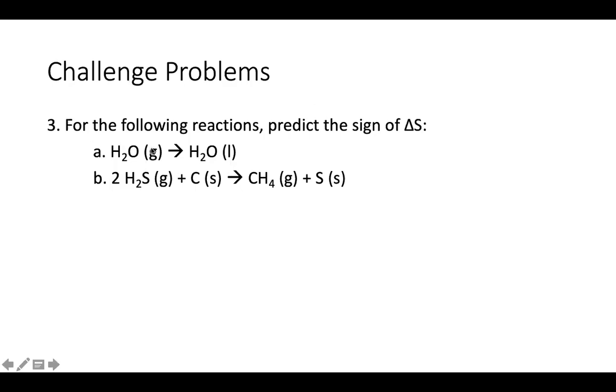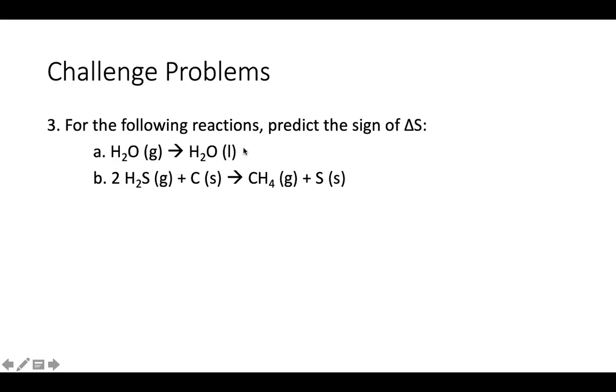Okay, so for A, our reactant, water vapor in the gas phase, will have a relatively high S value or entropy value. It's going to have a relatively high amount of disorder because it's in the gas phase. While liquid water, because it's in the liquid form, does have a bunch of disorder and some freedom, but not as much compared to the gas phase.